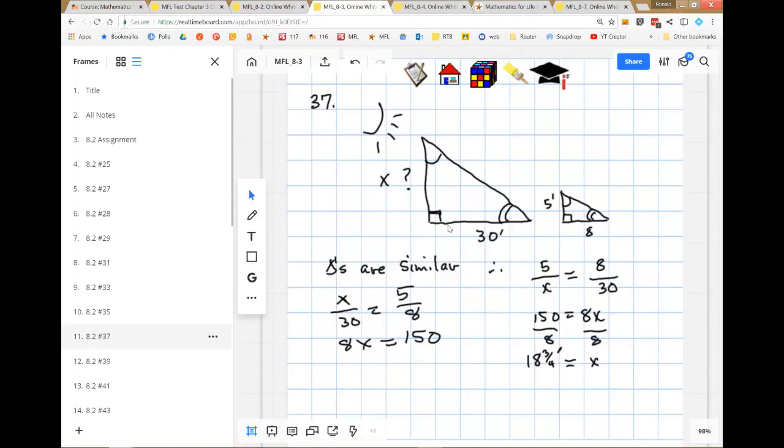You see how the shadow is on the ground down here? At the same time, a 5-foot fence post casts an 8-foot shadow. That's the second little triangle. Because the sun is almost infinitely far away, the angles are going to be equal, and that makes the two triangles similar.